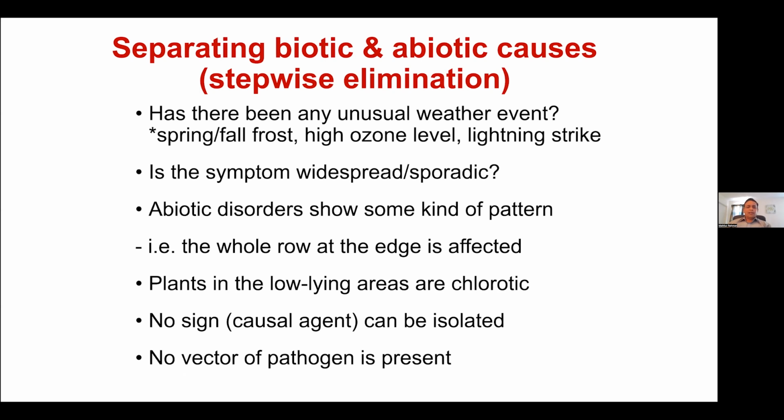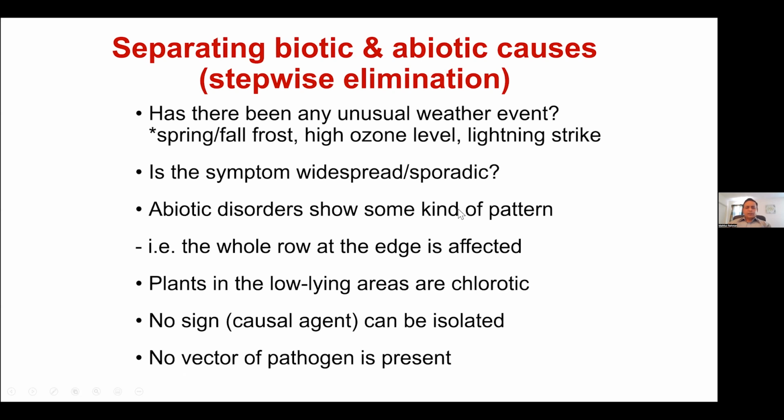And in many cases, we really don't have anything to do about it. So the whole idea here is to be able to differentiate these two factors, because in that case, you don't need to apply any fungicides or antibiotics or something like that, because there is really not much you can do.